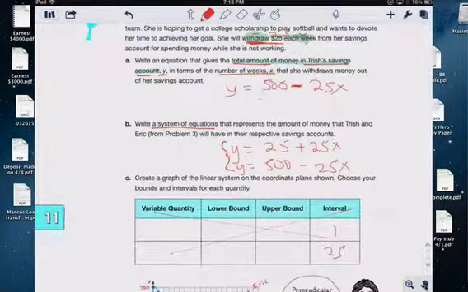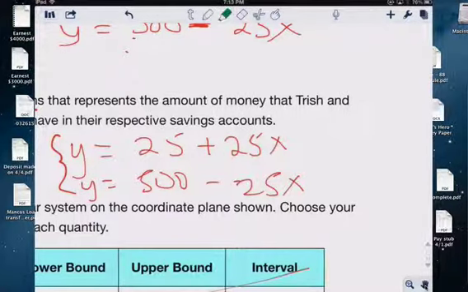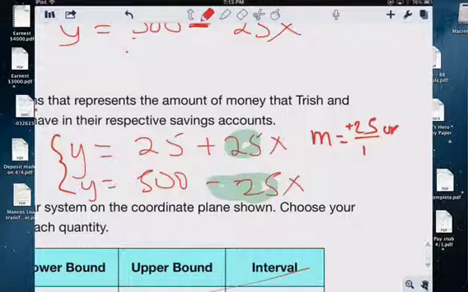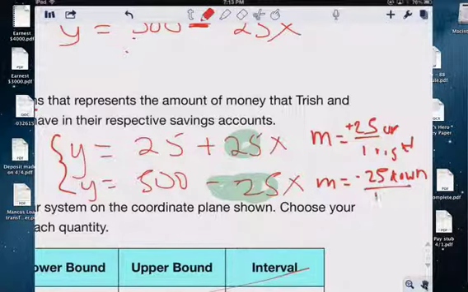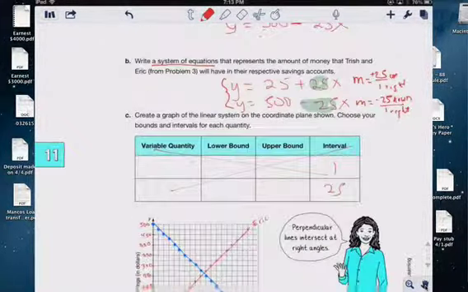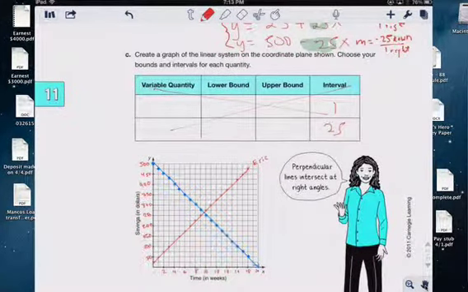For me, I didn't need the table because these are beautiful numbers. Slope of 25 and negative 25. This means you go up 25 and over right 1. And the slope of negative 25 means you go down 25 and you go right 1. Okay? And you graph.